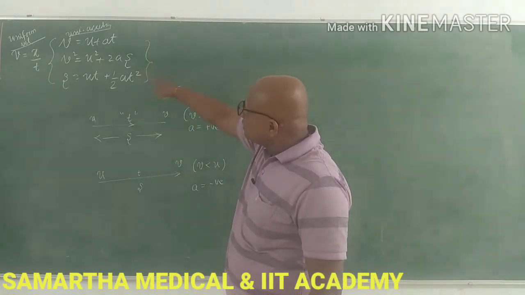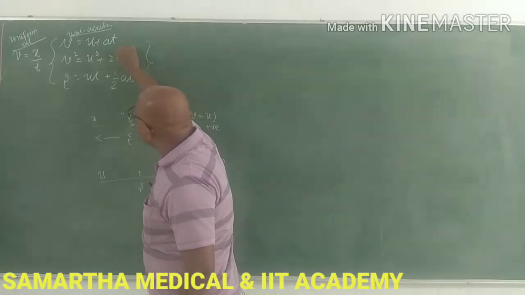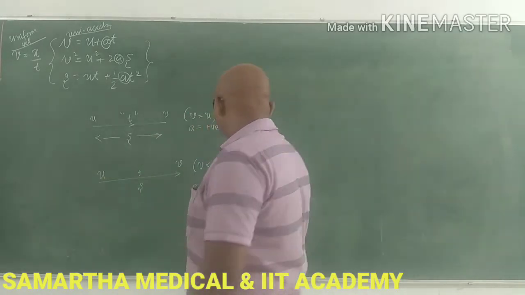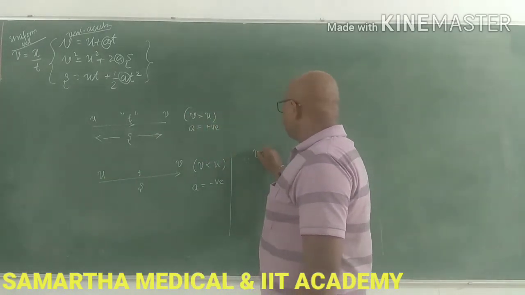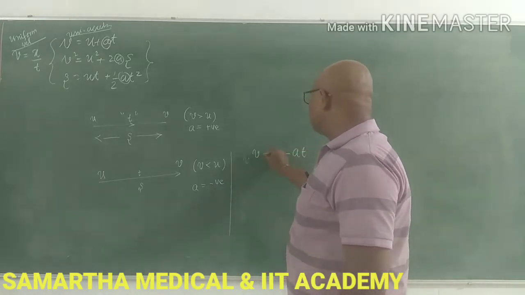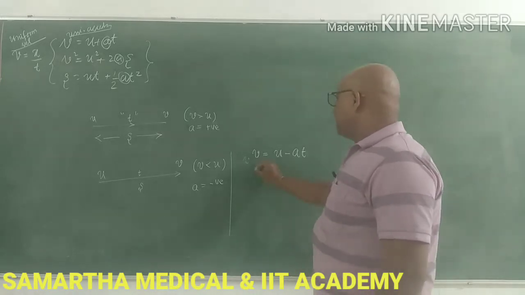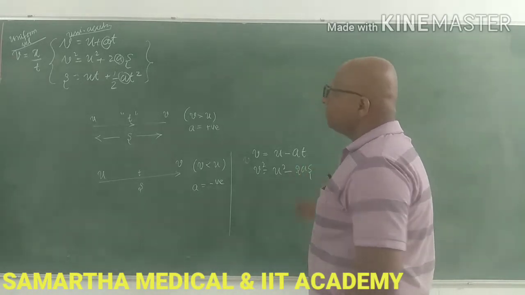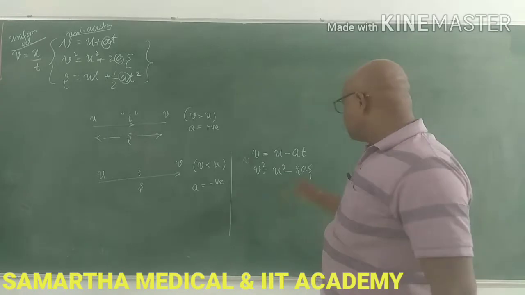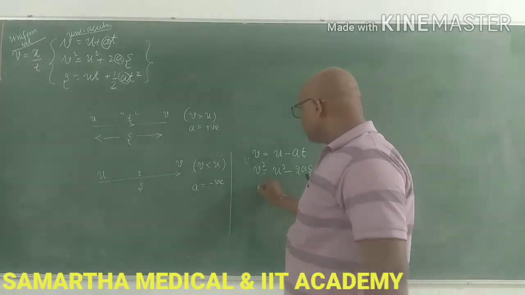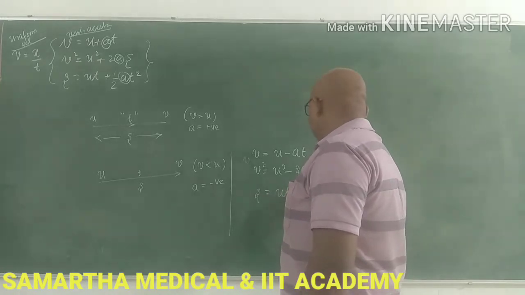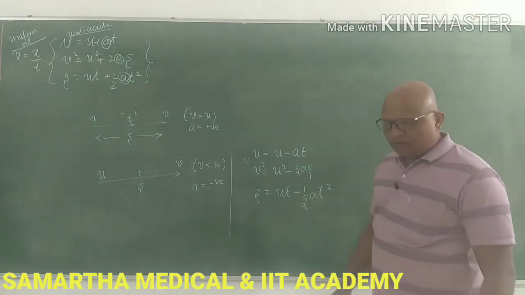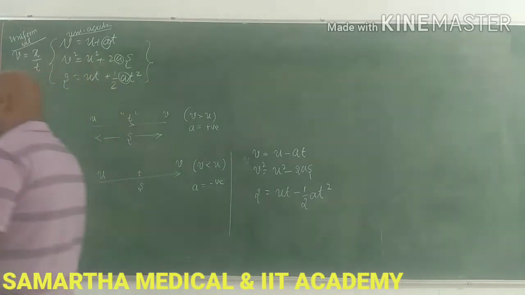Where acceleration is negative, the equations of motion become v is equal to u minus at, instead of u plus at, and v square is equal to u square minus 2as, because wherever a comes, it becomes negative. And s is equal to ut minus half at square, instead of ut plus half at square. Okay, these are the adjustments we must know.